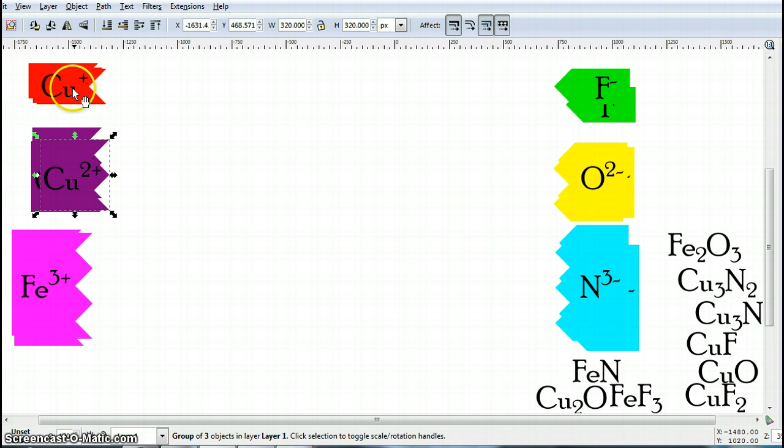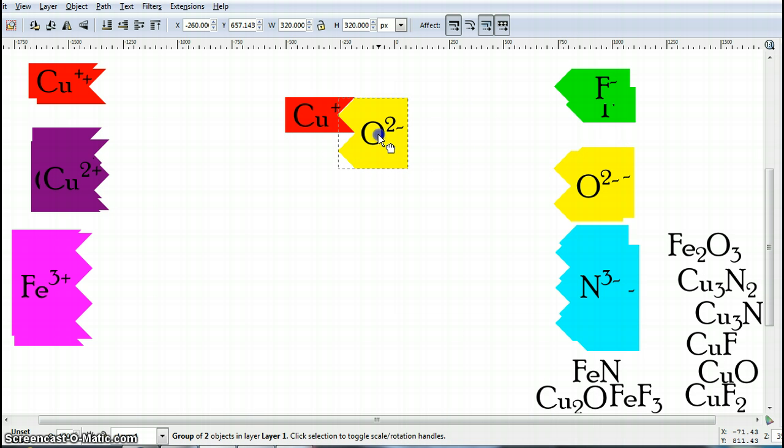For example, if we have copper 1 and it has an option to intermingle with, let's say, oxygen, what we would see here is that the ratio does not work out on a simple 1-to-1 ratio, because there's only a +1 charge for the copper while there's a 2- for the oxygen. So there's not enough positives to cancel out the two negatives of the O. So I would actually need another copper to do this.